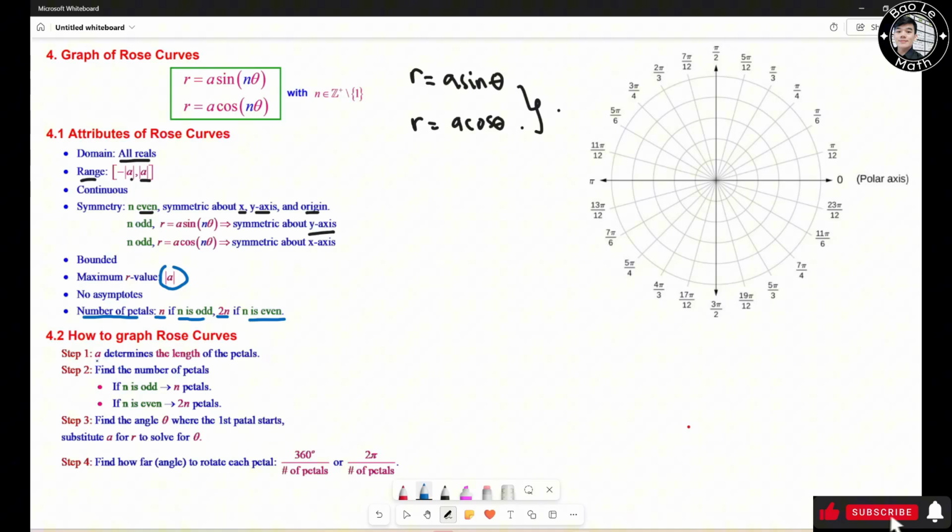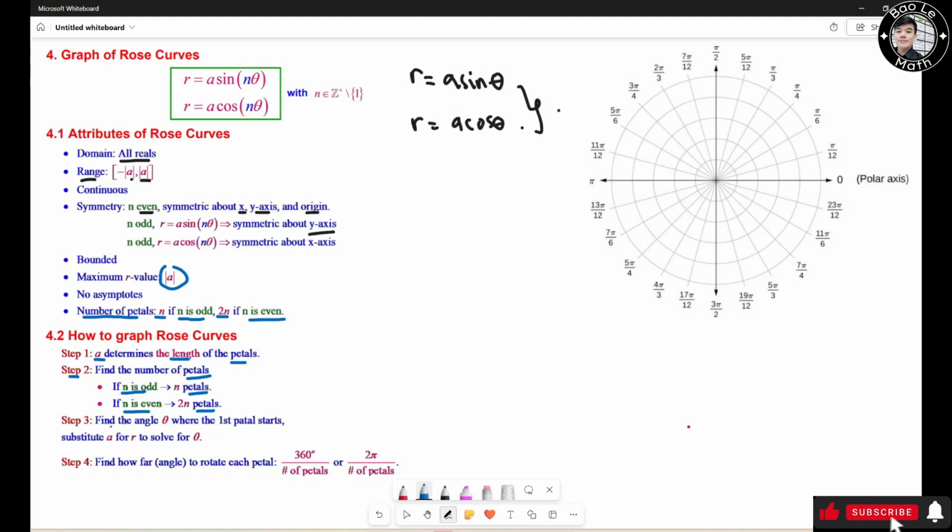Step number 1, we need to look for the value of a. The value of a determines the length of the petals. Step number 2, we need to find the number of petals. If n is odd, we have n petals. If n is even, we have 2n petals.